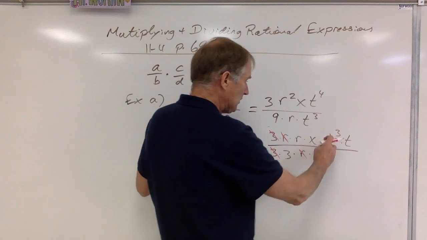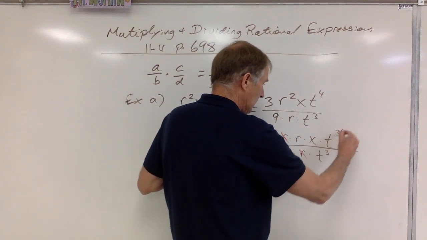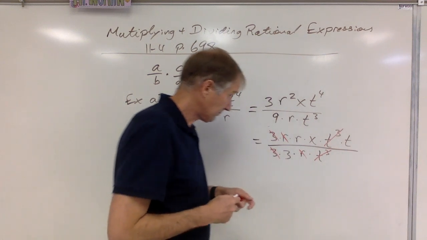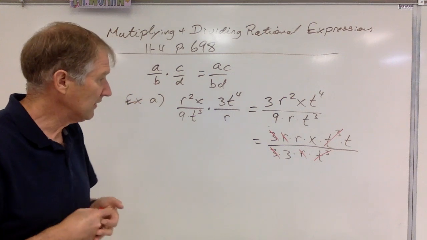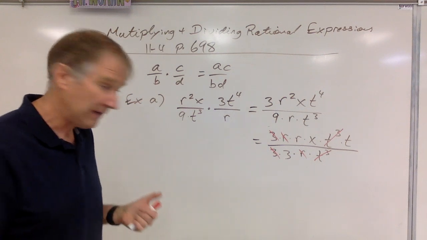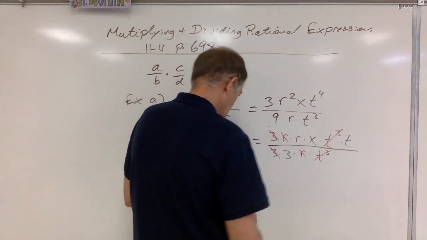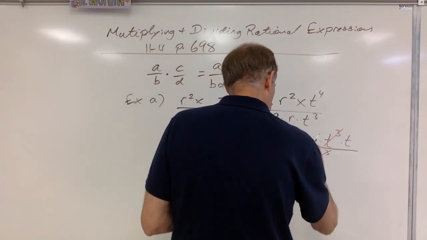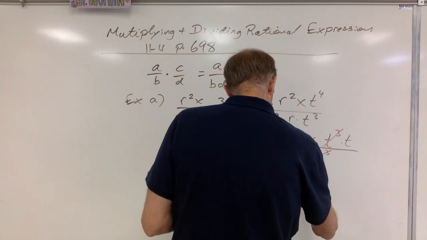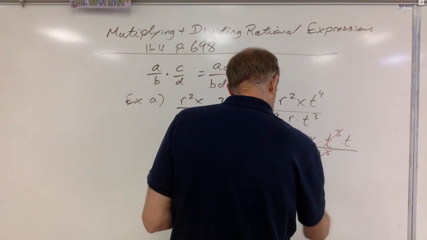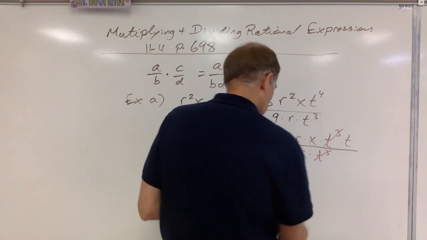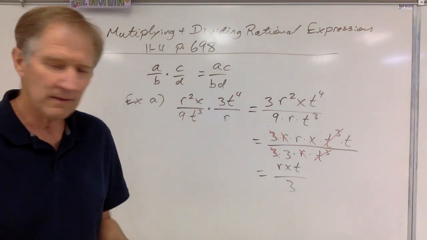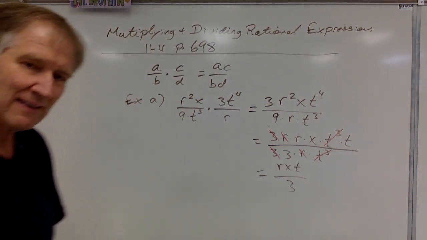But I have a t cubed up here and a t cubed down there. Those cancel. And now let's write out whatever's left: r, x, t, all over 3. And we can't do anything else with that.